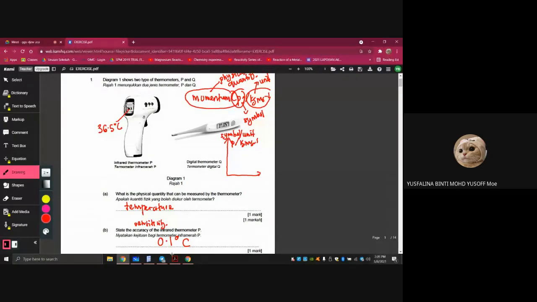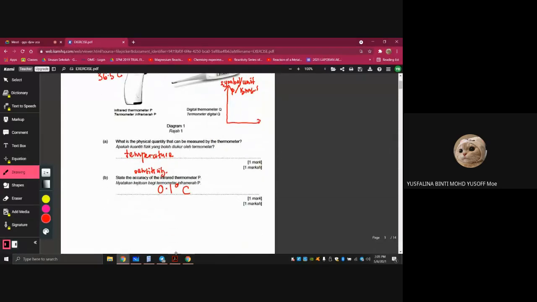Yes, 0.01 cm. Very good. For the micrometer screw gauge, what is the smallest scale? Yes, 0.01 mm. If you put only 0.01, it's wrong. When you state the accuracy, you must put the unit.